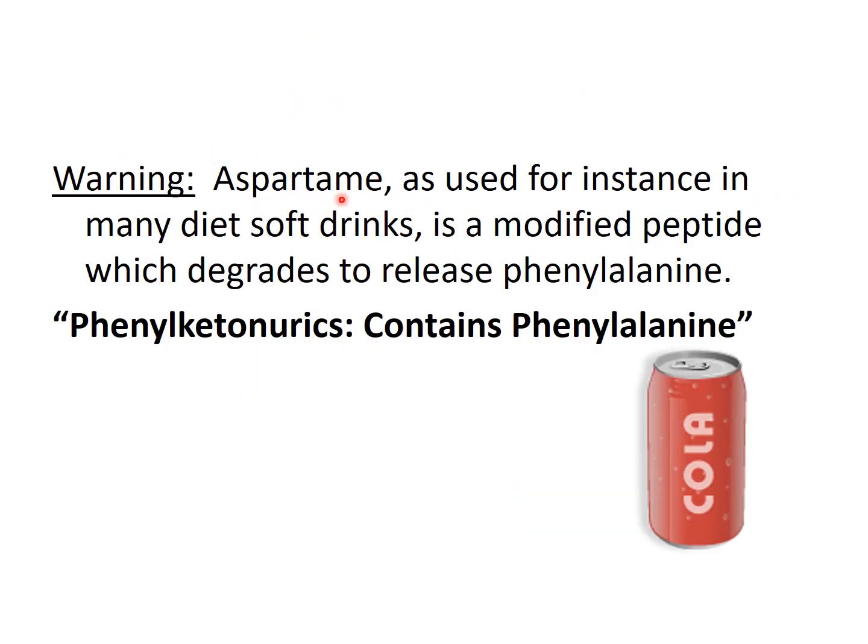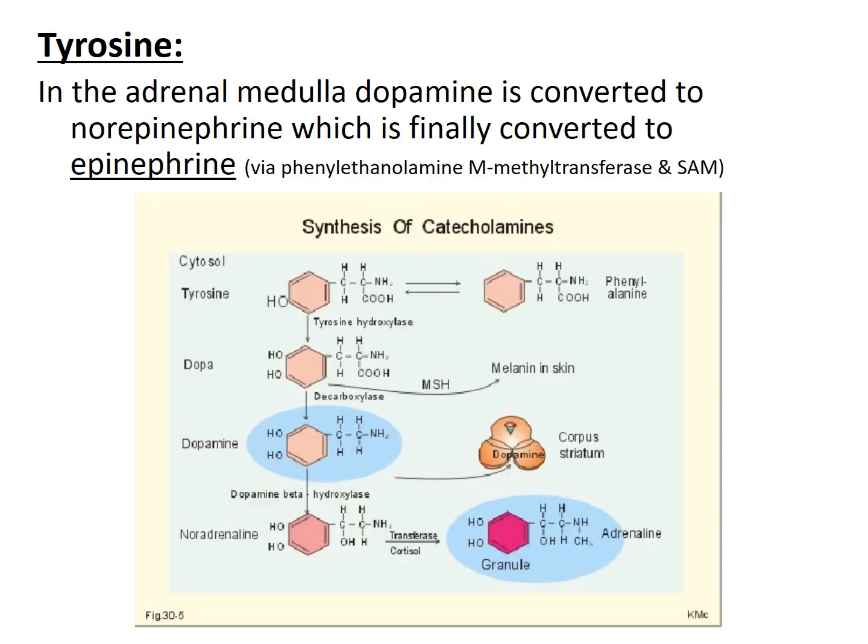Please remember a fact that we put aspartame into many of our foods, including all the diet sodas, because aspartame is sweet. But aspartame can produce phenylalanine when it is metabolized. So if you look at diet soda cans, it says phenylketonurics: this drink contains phenylalanine. So not necessarily phenylalanine, but it will be metabolized to that.